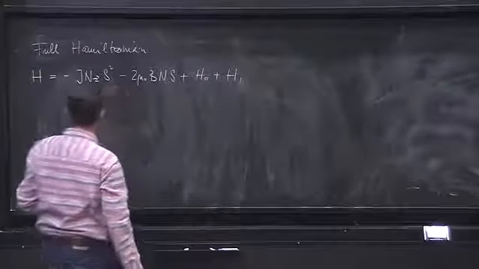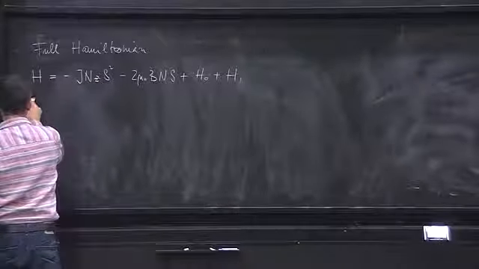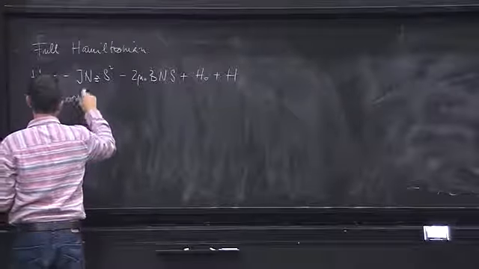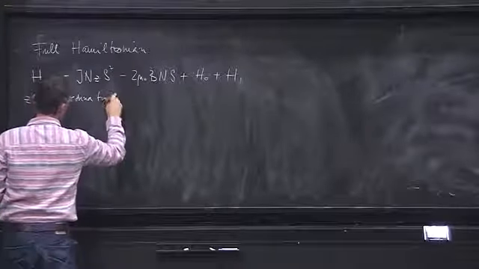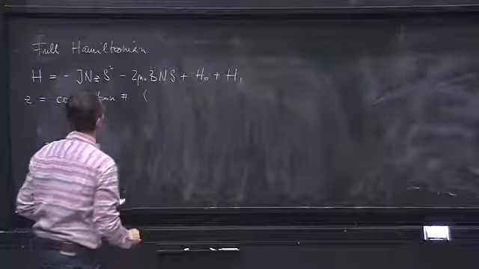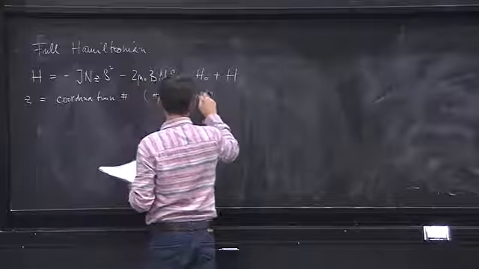Okay. Now, I introduced Z, which is a coordination number. And coordination number is simply defined as the number of nearest neighbors in a lattice.